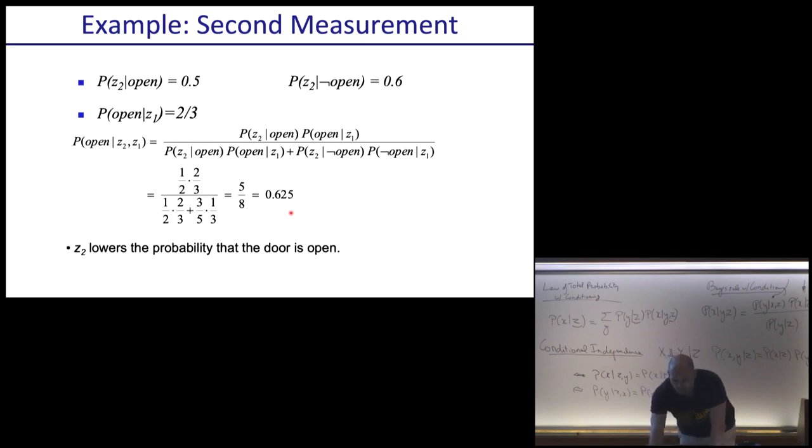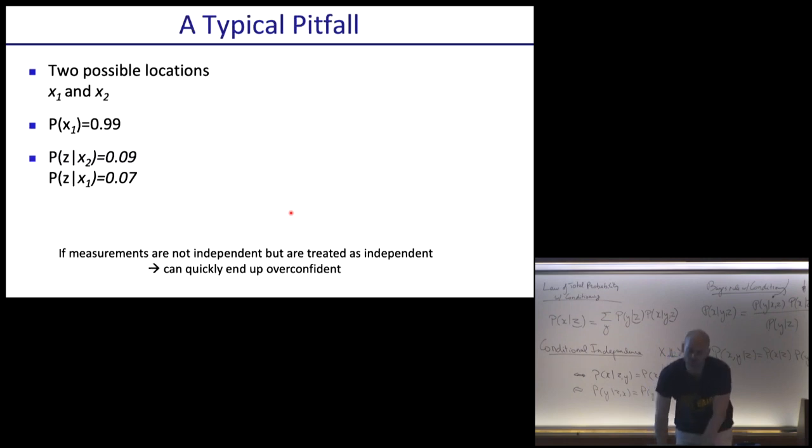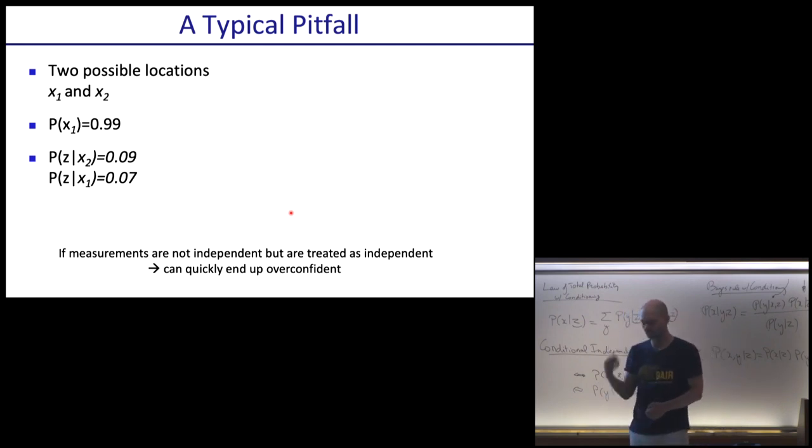All right. Now, one thing I want to point out is that a typical pitfall is that real-world sensors are not always independent. So you might have a laser rangefinder that reads a reading.